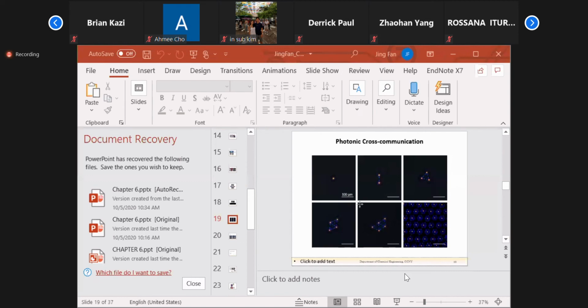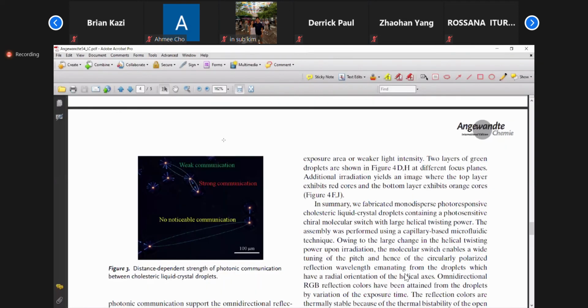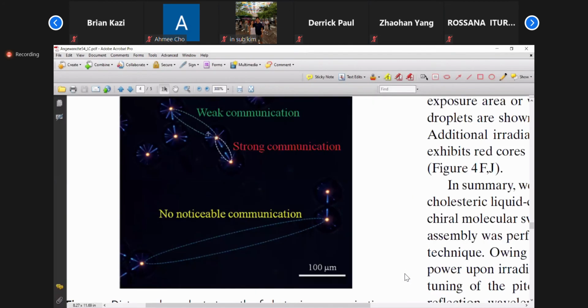You can see this communication becomes weaker as the distance between the droplets increases. This is a very strong communication. When it's far apart, it's weak. And when it's very far, we cannot notice any communication. We cannot see the blue rays anymore. Okay, so let's go back to the slide.